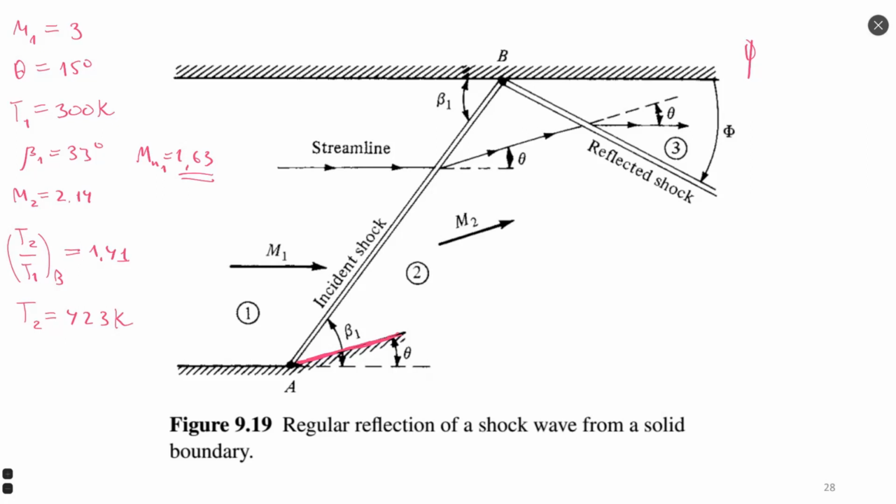Let's see if we forgot something. Yeah, we forgot something: this one is beta 2. Okay, beta 2. Here is the angle between the previous flow direction and the shock wave. I will see it by the theta-beta-M relation, and phi will be defined as beta 2 minus theta.